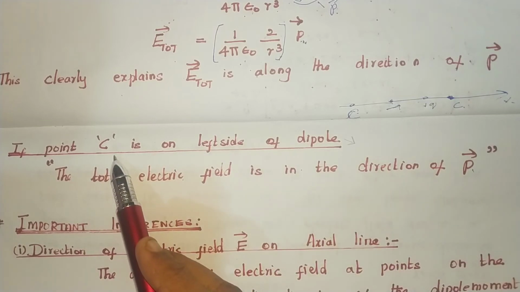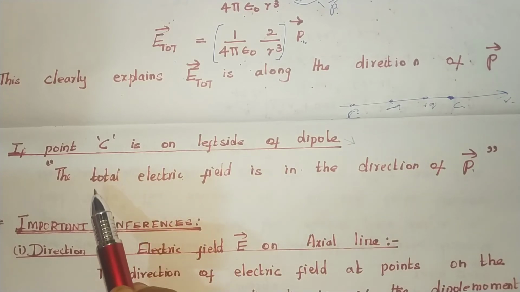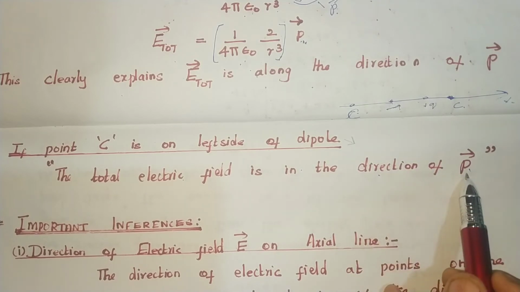Point C, whatever the side of the axis, either on the positive side or on the negative side இருந்தாலும் the total electric field is in the direction of the dipole moment P vector.